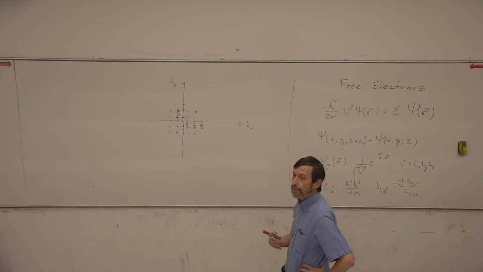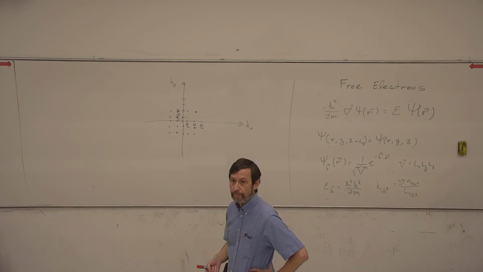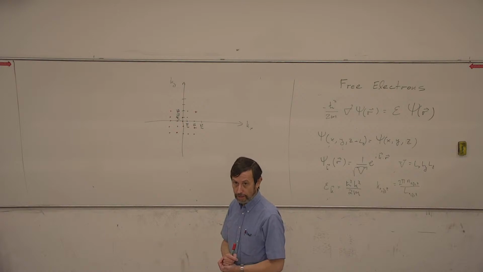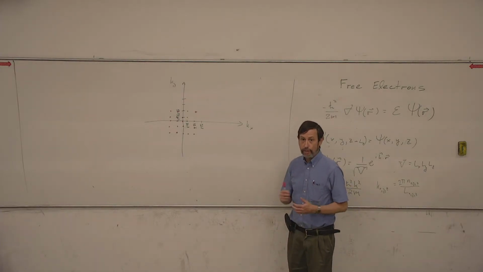Now, when I fill up electrons, how do I fill them up? From the lowest to the highest, right? So I get here a circle.